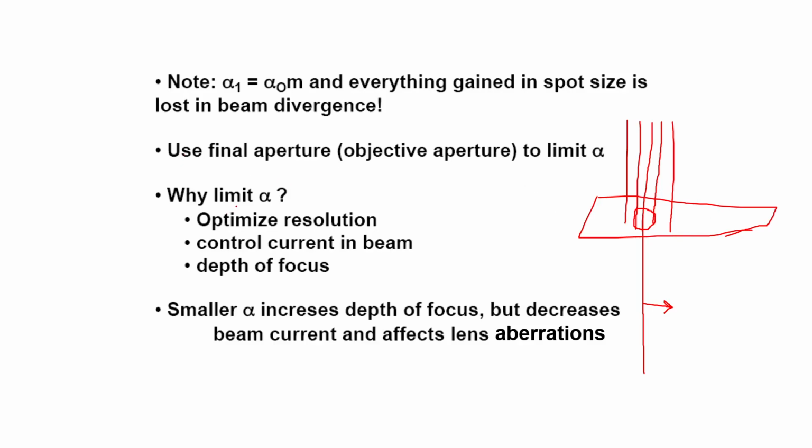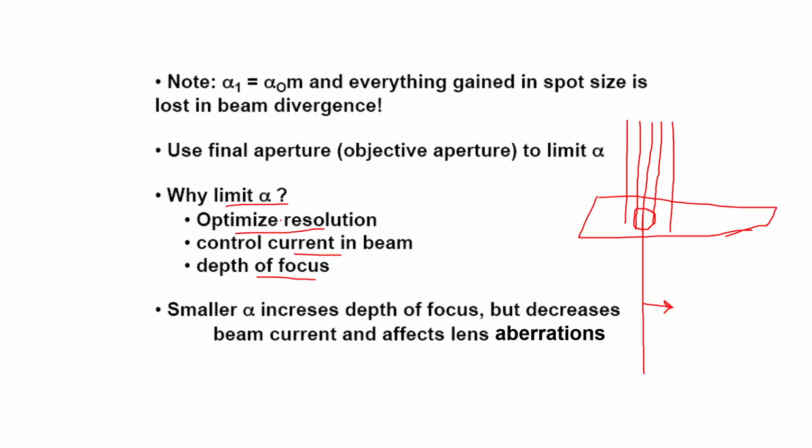Also, this alpha value will depend upon the resolution, the current, and the depth of focus. We discussed depth of focus in very much detail earlier, so I won't repeat it here, because we all know what depth of focus means. Now I need to tell you why alpha will affect the image.